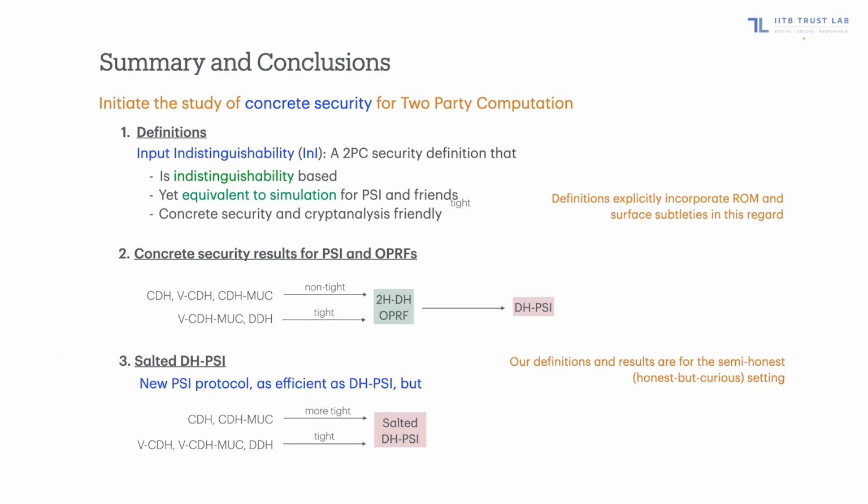The idea is that anywhere where there is a random oracle used to compute the functionality, you add a salt as an input to the random oracle as well.